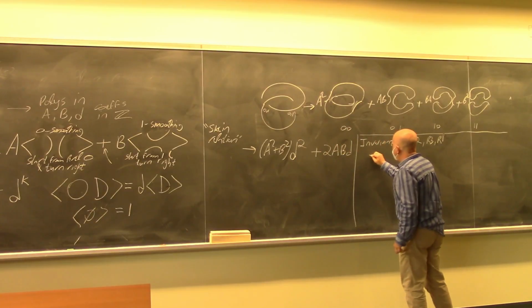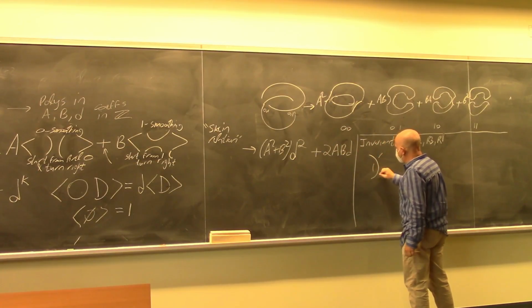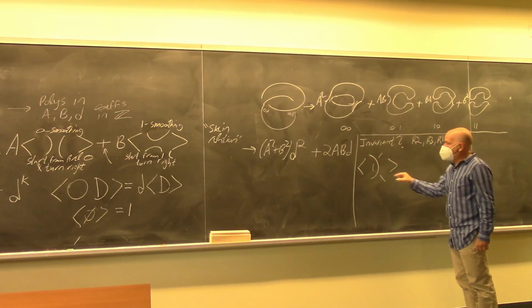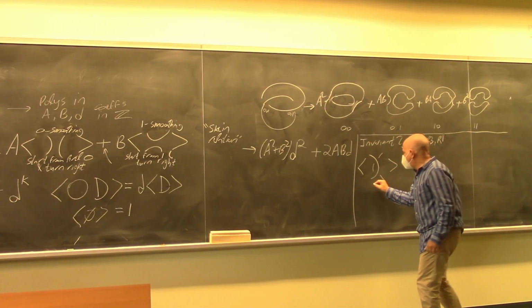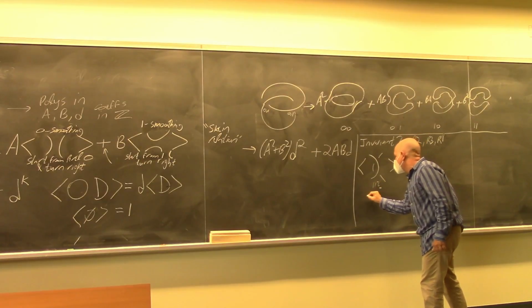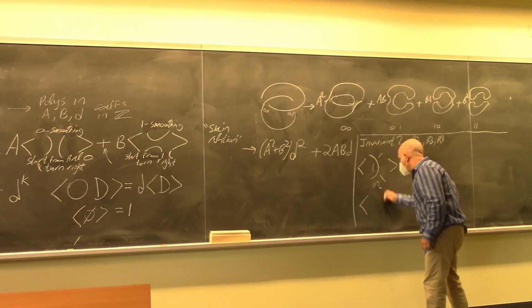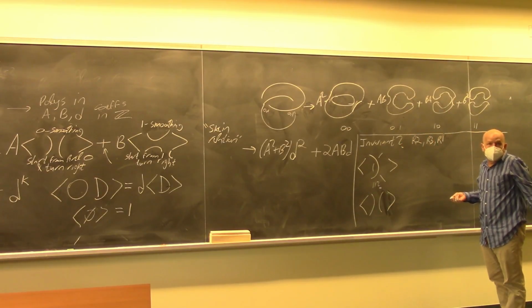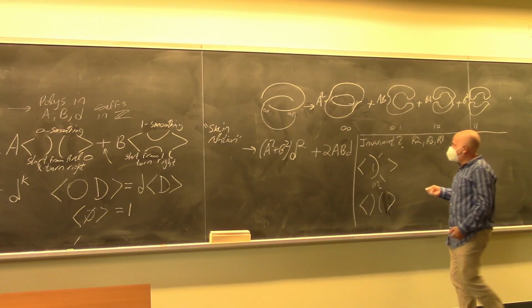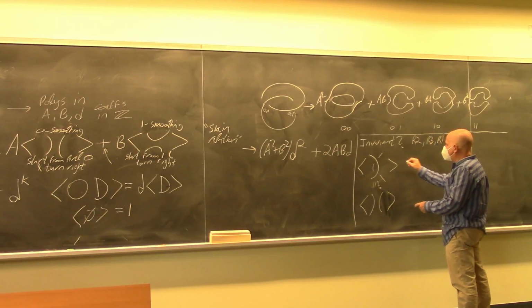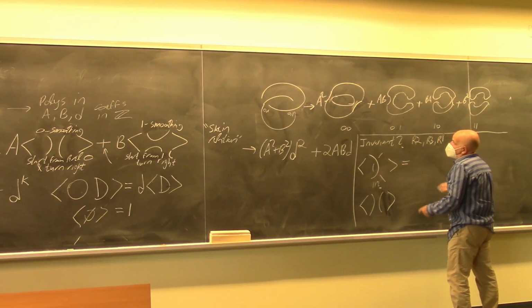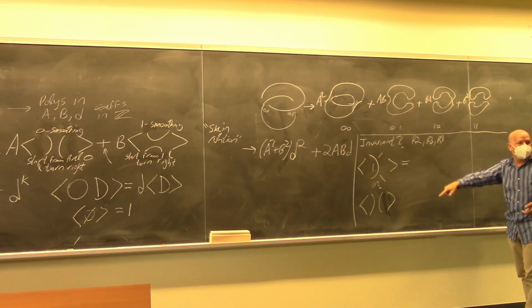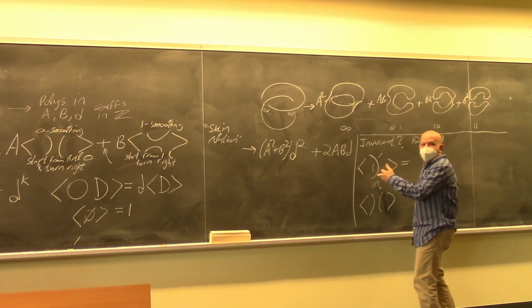So let's compute the bracket of this and compare it with the bracket of that. Are they equal? So let's see, this is equal to, it's kind of a shame that I did this because now it's exactly the same, except different crossings.